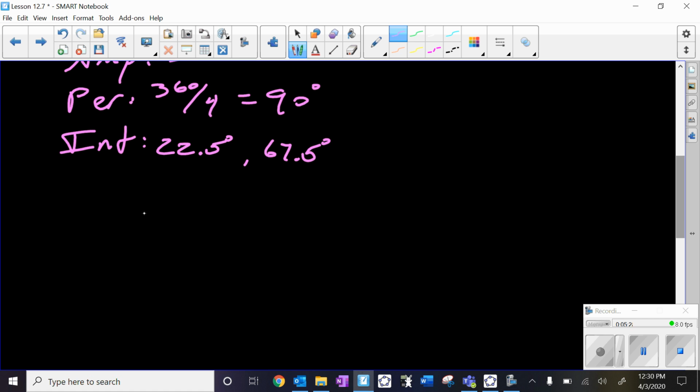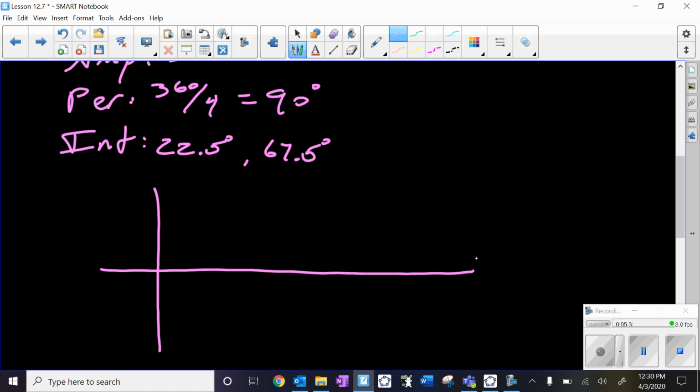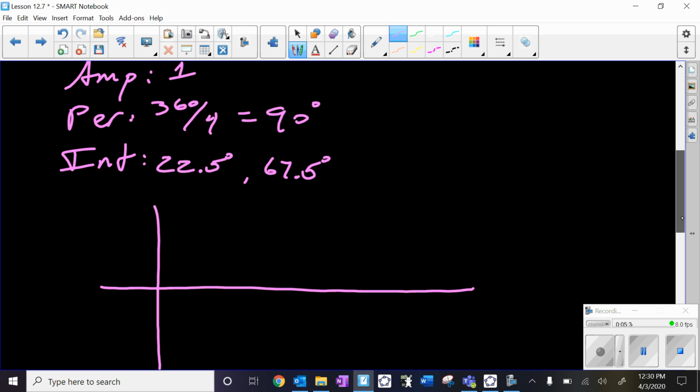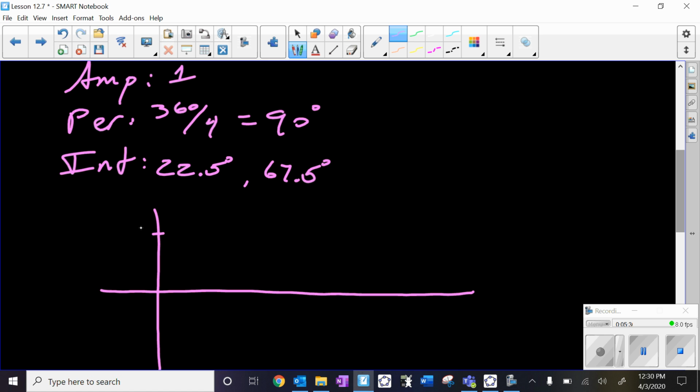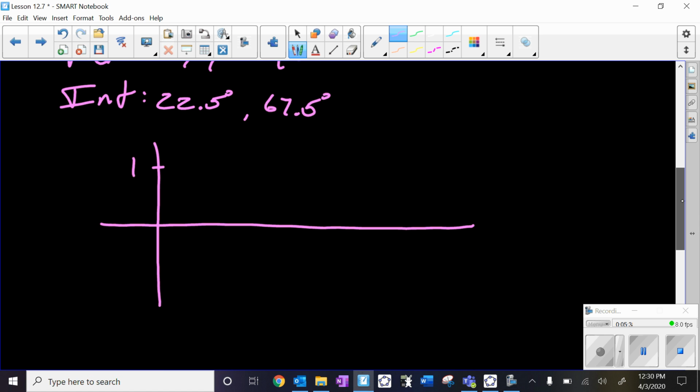We'll graph this one as well. We said that our amplitude was a height of 1. So height of 1 and -1. Our period was 90 degrees. 90 plus 90 now gets us 180.